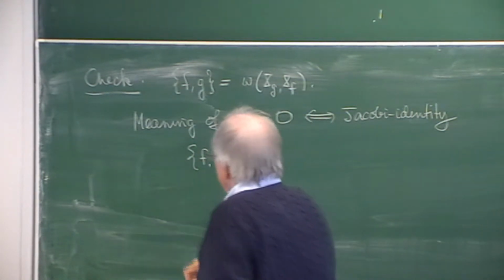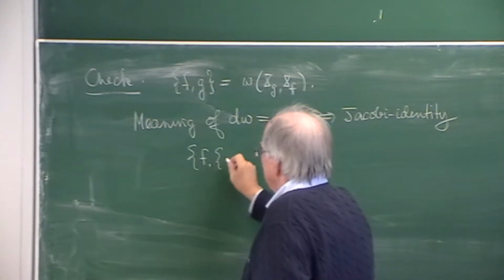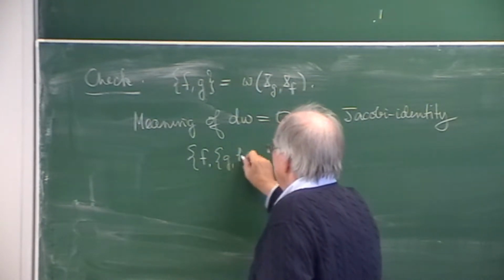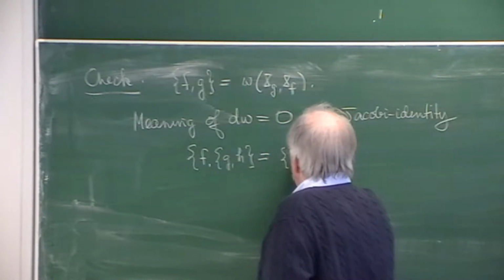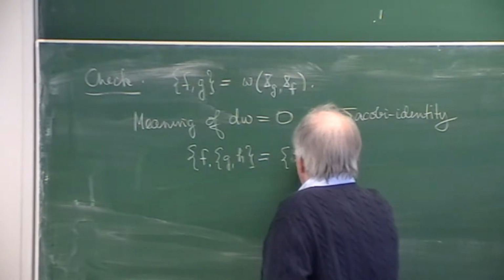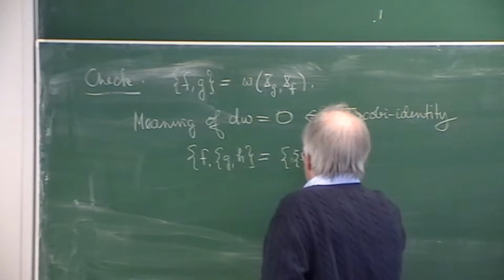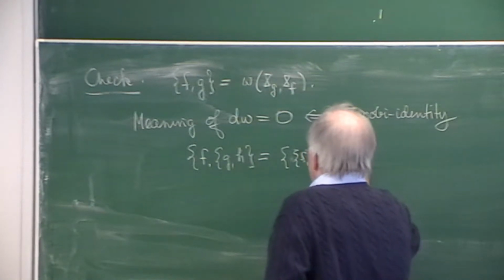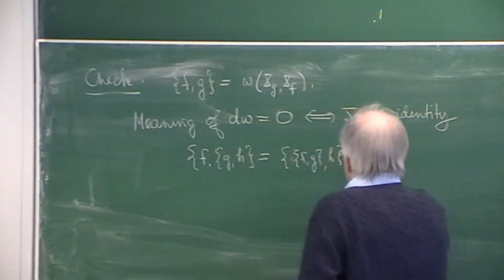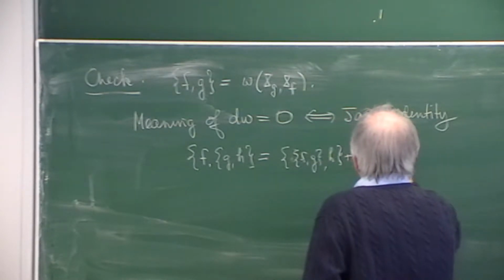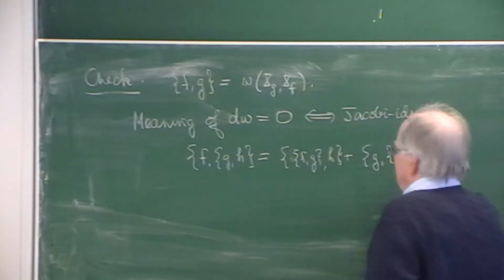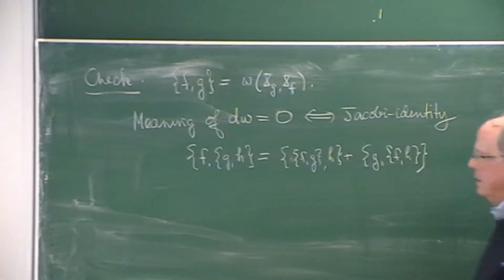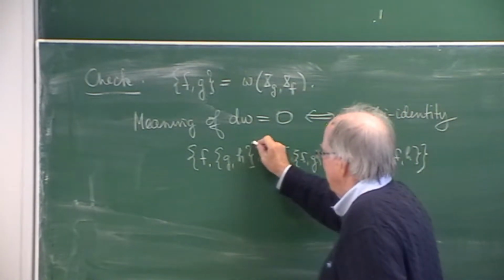F acting as a derivation in this way, so {F,{G,H}} equals {{F,G},H} plus {G,{F,H}}. Now you see, I'm sorry I left out a bracket here.